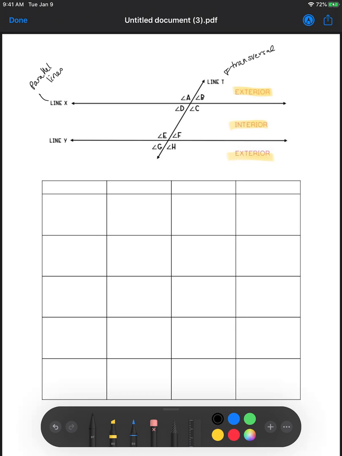So we're going to start with the table, and this one's going to be our angle pairs. And this is going to be our definition, examples, and relationship.